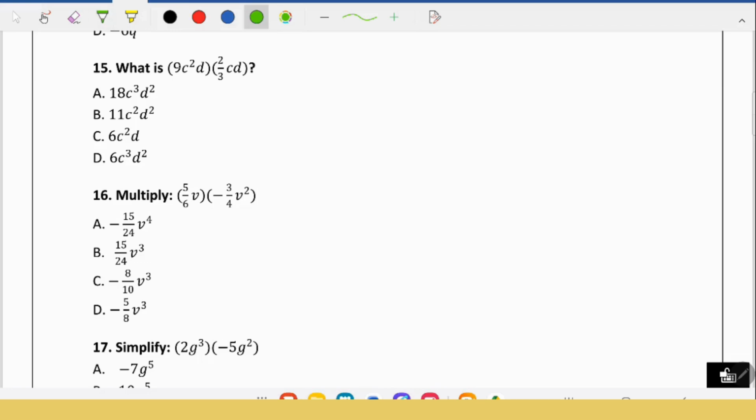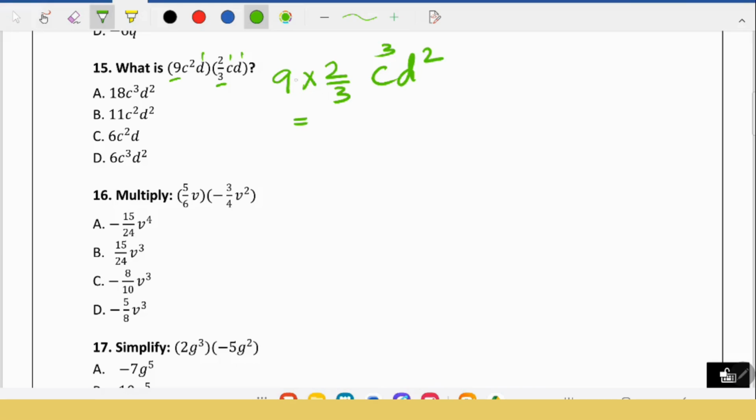Next I have 9c squared d times 2 over 3 cd. So I multiply the coefficient first, which is 9 and 2 over 3. Then c and c, same variable, I will just simply add their power, c cube, 2 plus 1. D and d, power 1 and 1, which is d square.